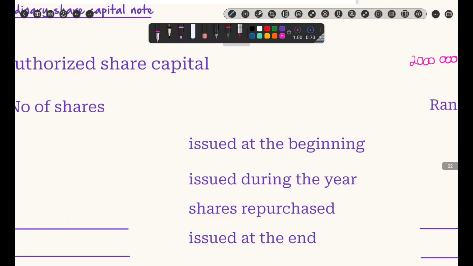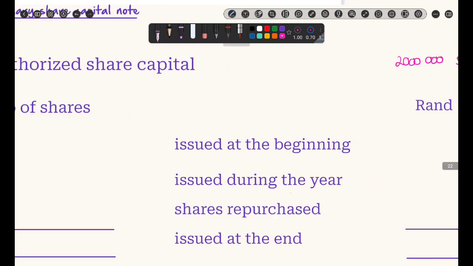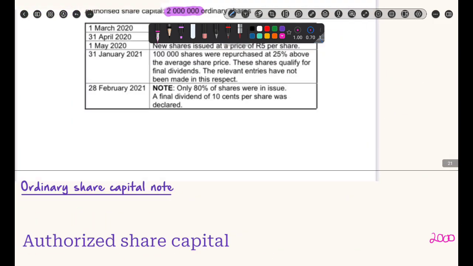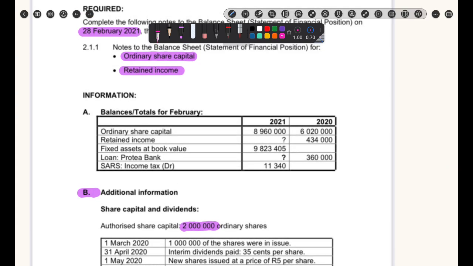Right, the next thing that we need to find is our shares issued at the beginning of the year, right? If we go to our information, we can see that they gave us the balances for February 2021 and 2020. We know that our year ends in February 2021, so any balance that they gave me in February 2021 is my closing balance, my balance at the end. And then my year begins on the 1st of March 2020.